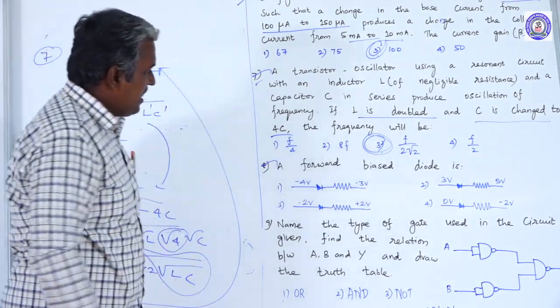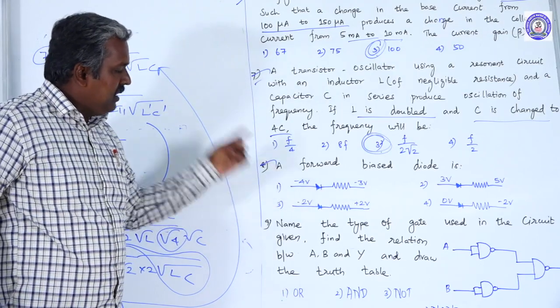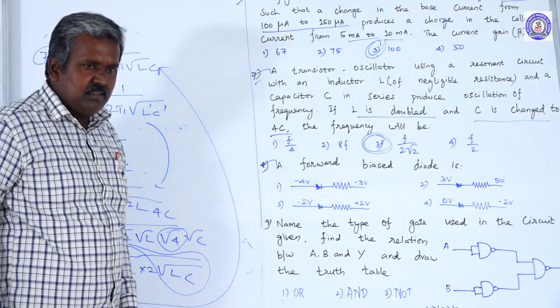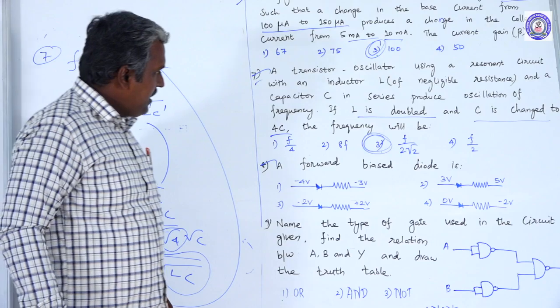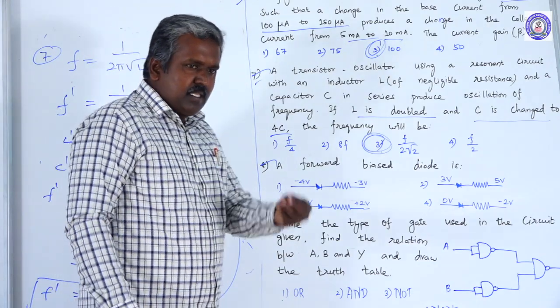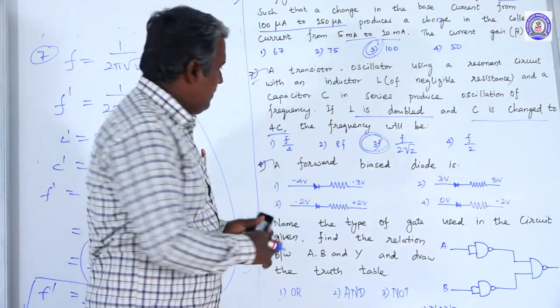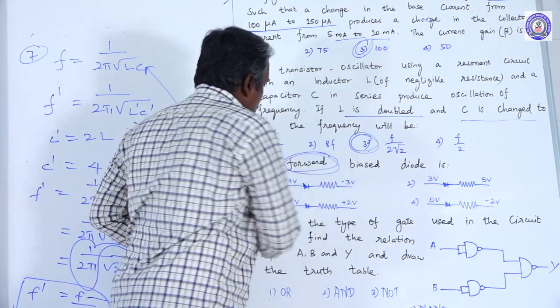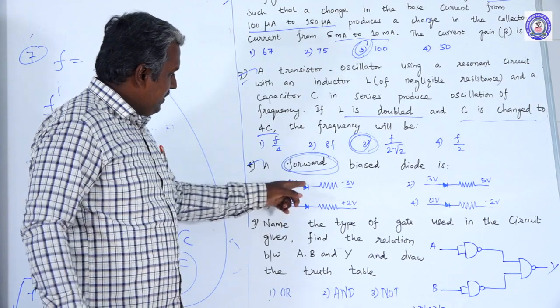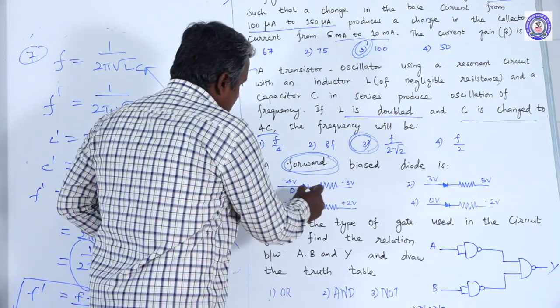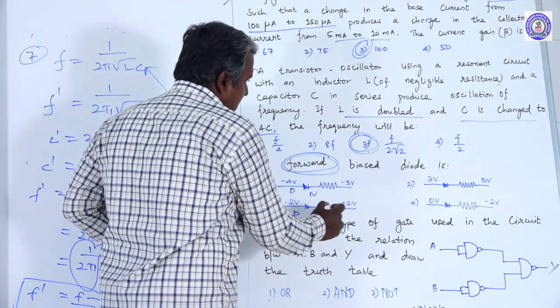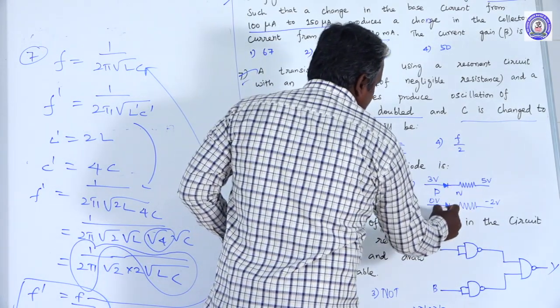Eighth one. Come on, try yourself, because we already discussed one question like this. Try yourself, come and tell me. Take some time. But here it is forward bias, not reverse bias. Forward bias: P side and N side.